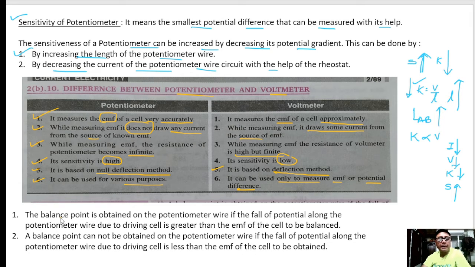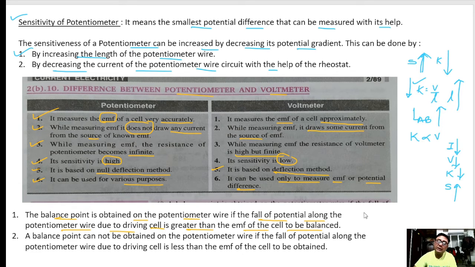The balance point is obtained on the potentiometer wire if the fall of potential across the potentiometer wire due to the driving cell is greater than the EMF of the cell to be balanced.